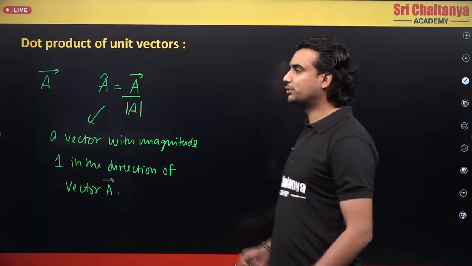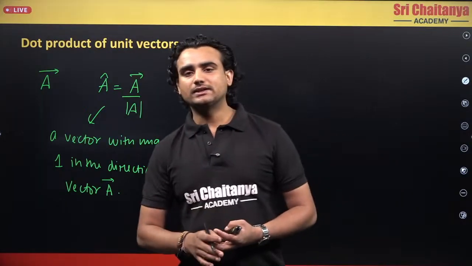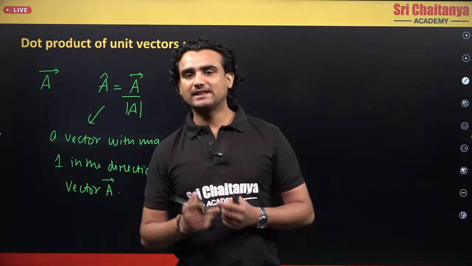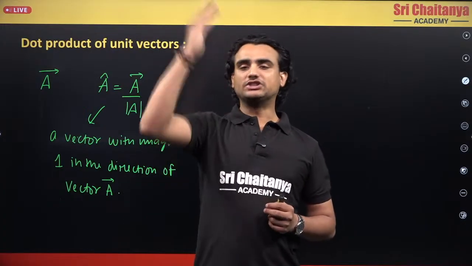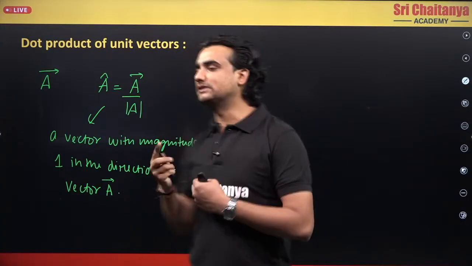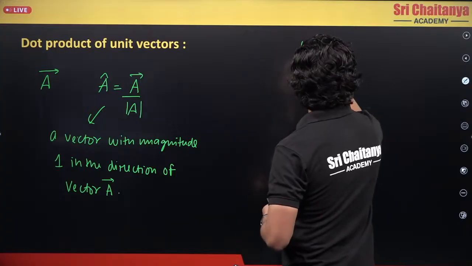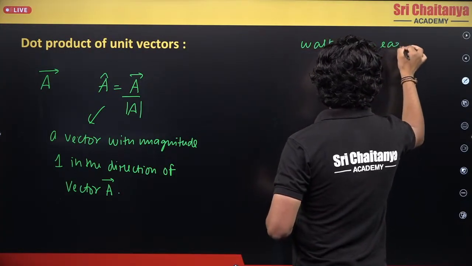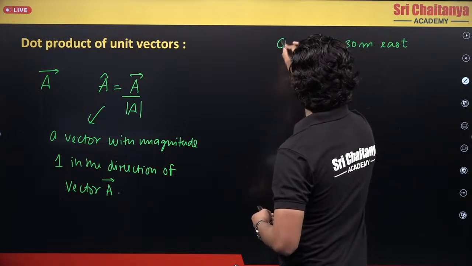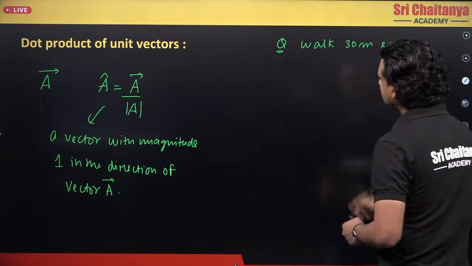Clear? So now let's understand this by an example. Let's suppose I say, walk 30 meters east. Let's say this is my question. Then what is the unit vector?